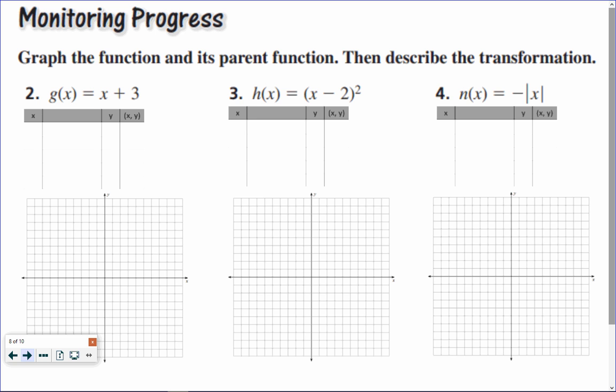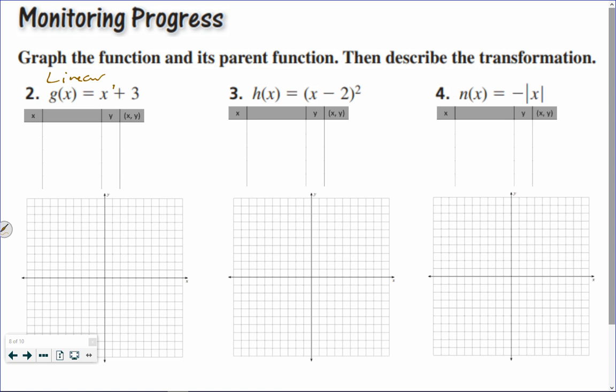Alright. Moving to this one. Now, I have some input-output tables there, but do I really need to use them? No, not really. Why? What type of function is this? Classify it. What family does it belong to? X is raised to the first power, so that's linear.